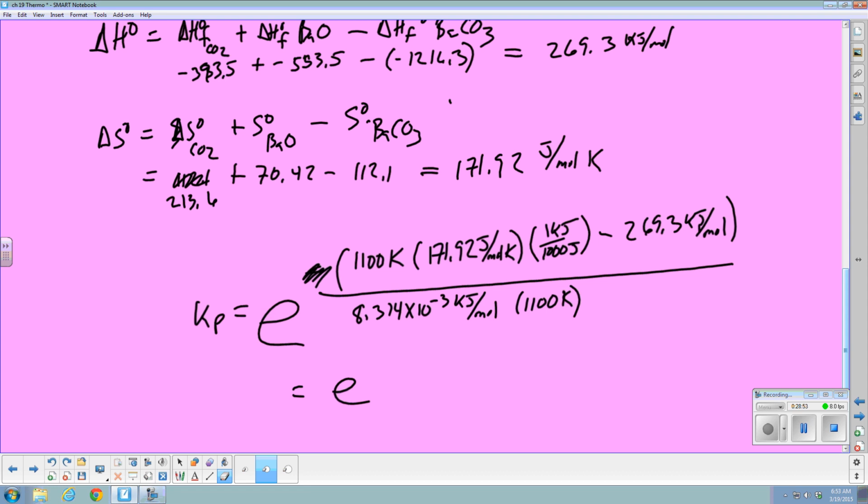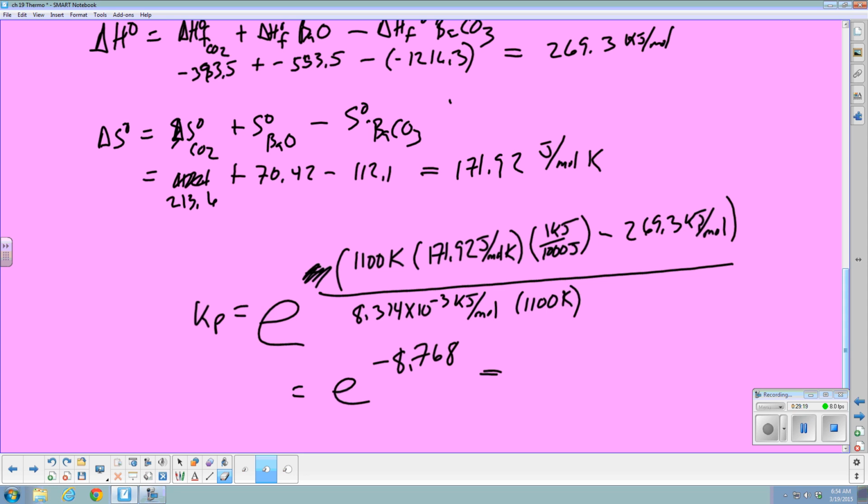So 1100 times 171.92 divided by 1,000, minus 269.3. Great. Divide that by 8.314 times 10 to the minus third, divide that by 1,100, and you get a negative, there we go, 8.68.